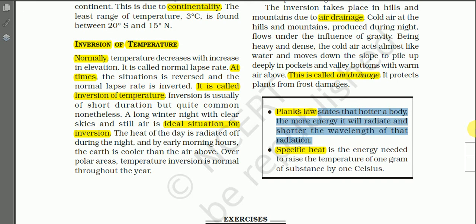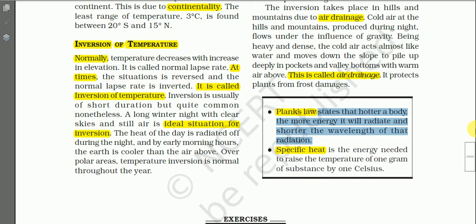And vice versa: if an object is very hot, then it will radiate more energy, and that also with shorter wavelengths.